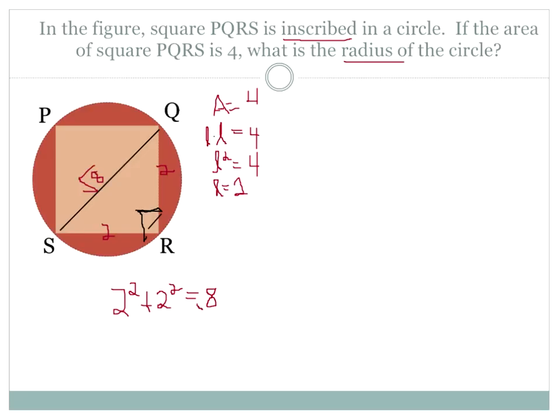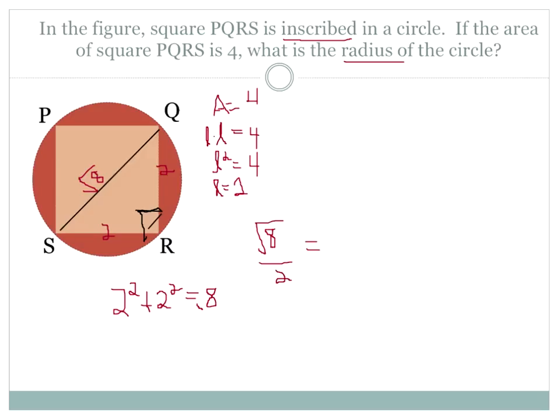Square root of 8 here is the entire diameter. But then what we need to do is say, well, the square root of 8 is our diameter, and so we need to divide that by 2 to find our radius.